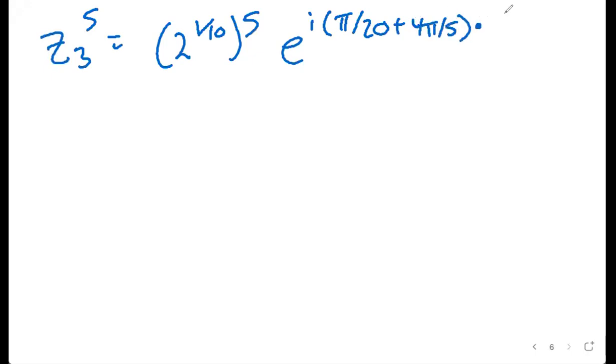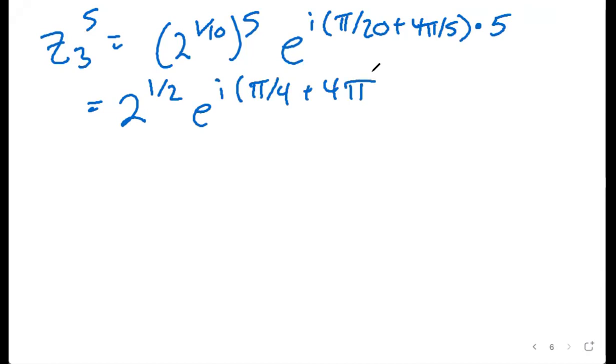And then we would multiply this by 5, and we would get 2 to the 1/10 times 5 is 2 to the 1/2. e to the i, so pi over 20 times 5 is pi over 4, plus 4 pi over 5 times 5 would just be plus 4 pi.